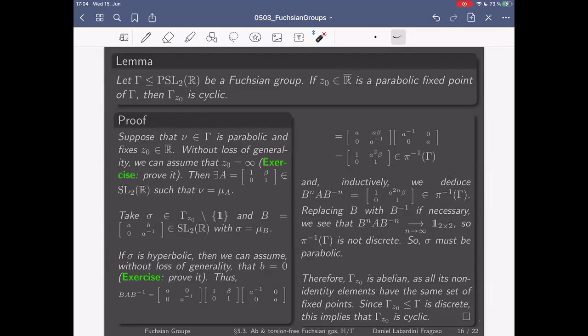Okay, so we start with the parabolic fixed point, and by definition that means there's some parabolic element in gamma which fixes this fixed point in R bar. Without loss of generality, we can assume that Z0 is actually infinity.